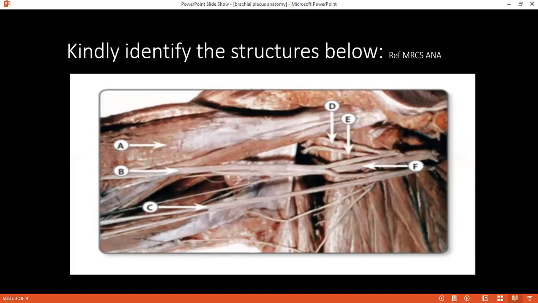How would you mark it on a living human being? If a pen is given to you, would you be able to mark it on a living human being? Can you tell me the surface anatomy of brachial plexus?